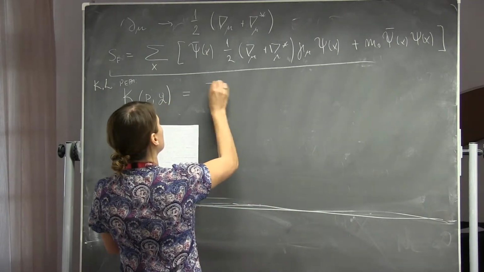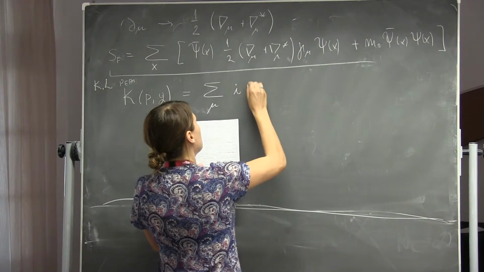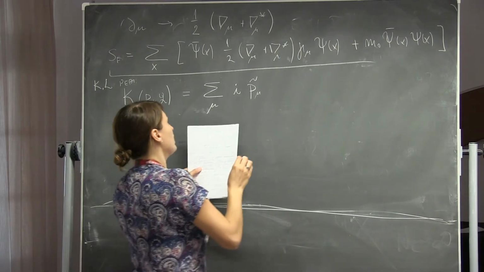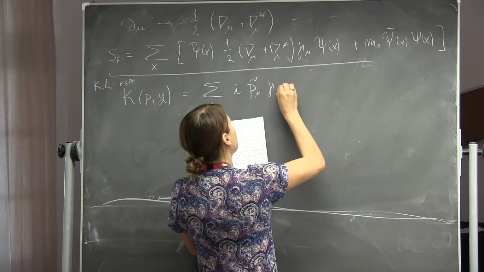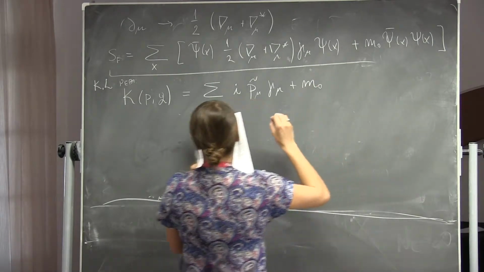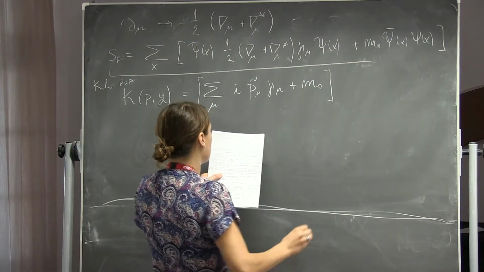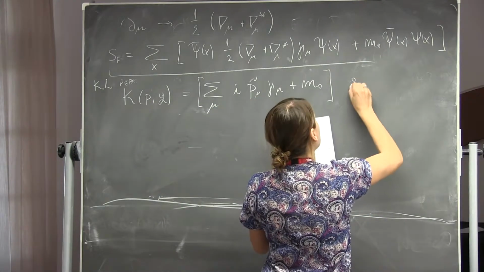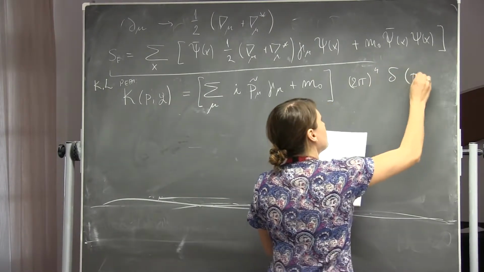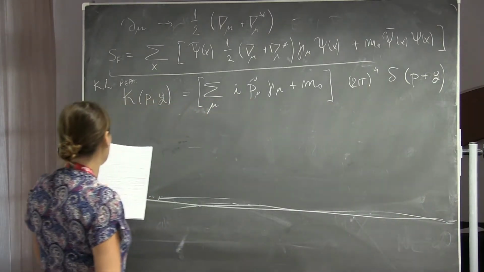We will have the sum over all mu of i times some rescaled momentum variables, which I will write down in a moment, plus m0, times (2 pi) to the power of 4 and times the delta of p plus q.